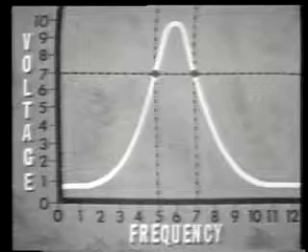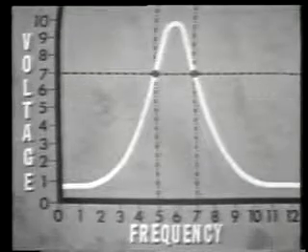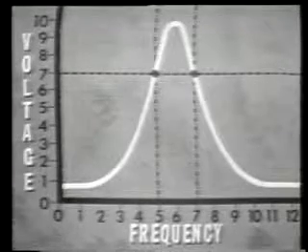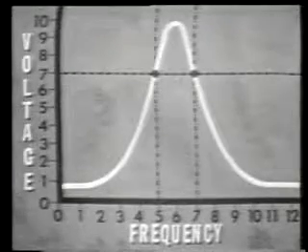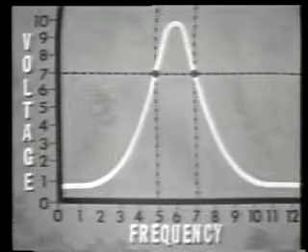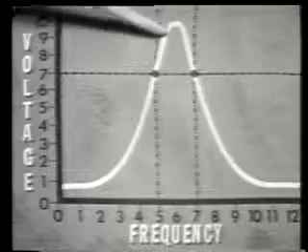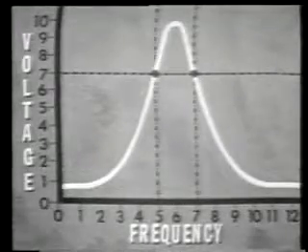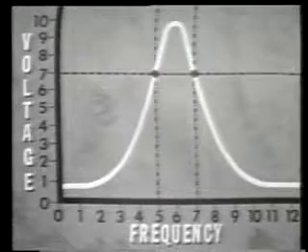So 500 hertz and 700 hertz are the cutoff frequencies, and the band pass of this filter is 500 to 700 hertz. The bandwidth is 200 hertz. These frequencies are in the band pass of this filter. All those above and below the cutoff frequencies are in the attenuation band.